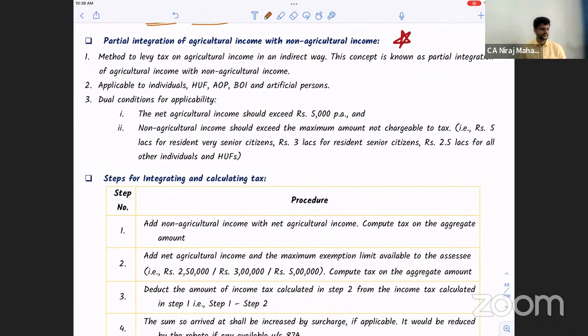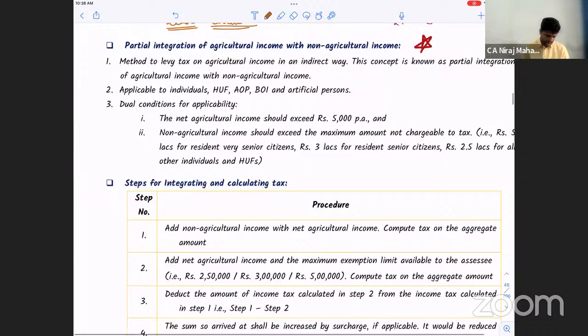Okay, ready? Check. Partial integration of agricultural income with non-agricultural income, that is, mix both of them. It is a method to levy tax on agricultural income in an indirect way. I told you it is one of the smart ways that you will tax agricultural income also. This concept is known as the partial integration scheme of agri with non-agri income. Star mark the second point.